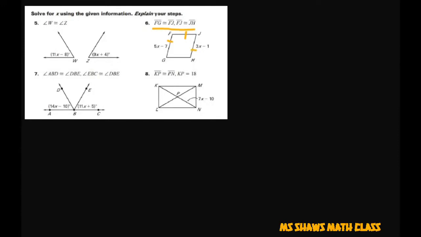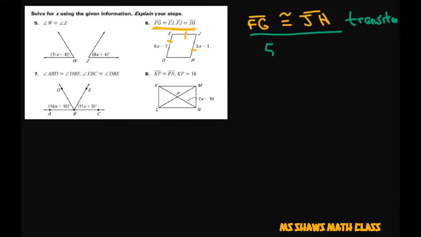Now this is the transitive property, where we can say that FG is congruent to JH, line segment JH. So what you can do is, just since they're congruent, like we did on number 5, set them equal to each other. But the reason we could do that is through the transitive property of equality.